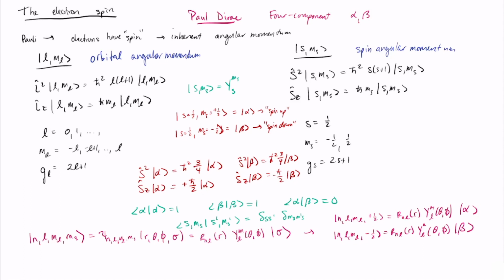The other two components are the antiparticles. They are the equivalent of alpha and beta, not for electrons, but for positrons, for the antiparticle of electrons, right? And so this is kind of wild.